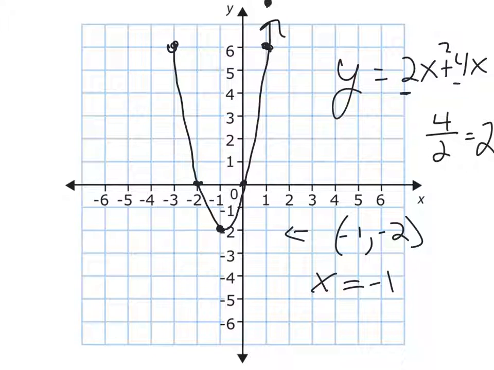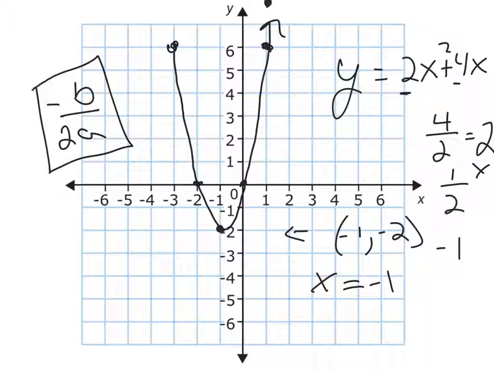The axis of symmetry is actually occurring at -1. So if we take 2 and multiply by 1/2, we get 1, and if we make that negative, that's our axis of symmetry. So the ratio here is actually the opposite of the b coefficient divided by twice the a coefficient. This will always give you the x-coordinate of the vertex of your quadratic.